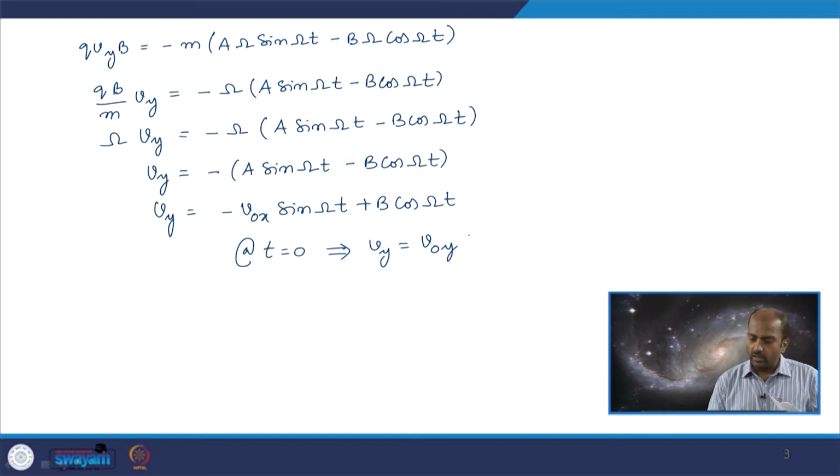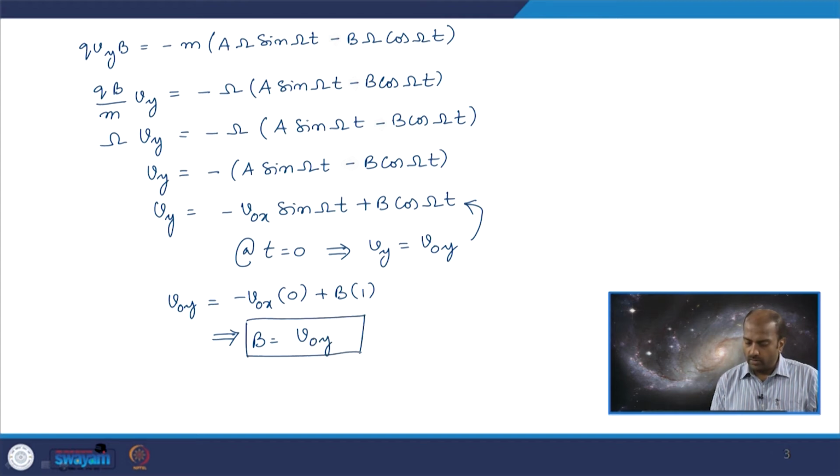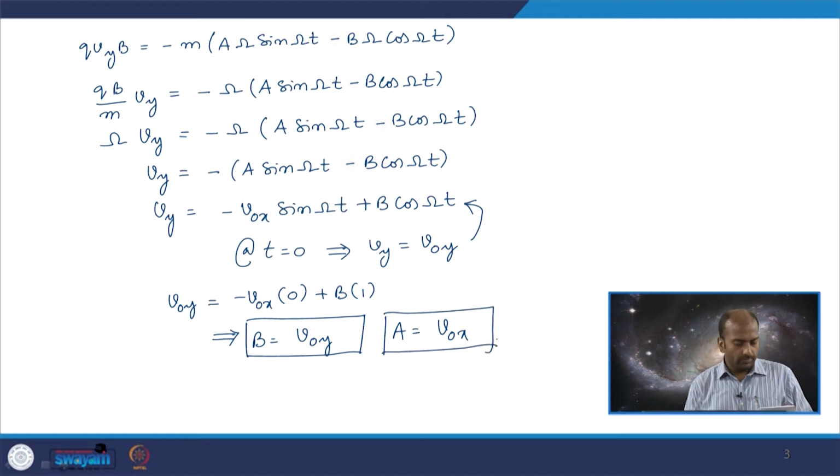Using this condition in this expression, we can write V0y is equal to V0x into 0 plus B into 1. That implies B is equal to V0y. So, we also got the value of the second constant. The constant A is V0x and the constant B is V0y.